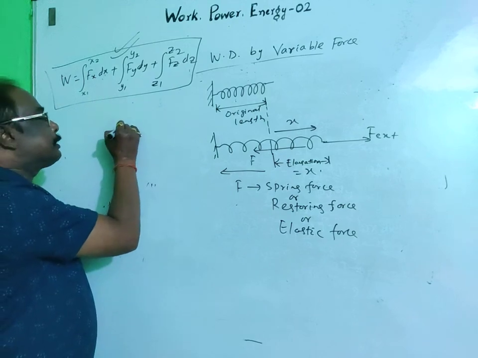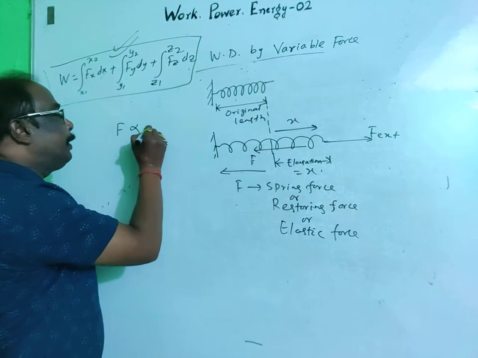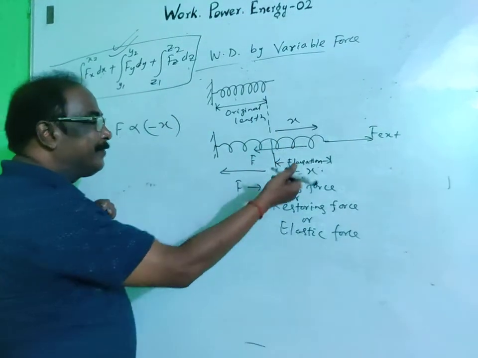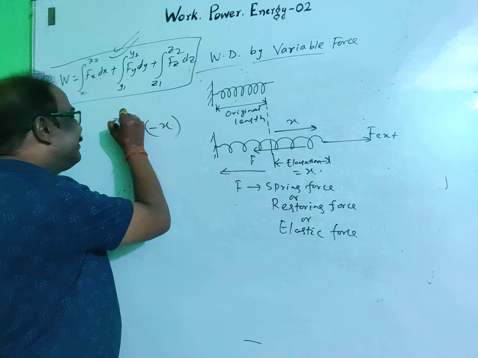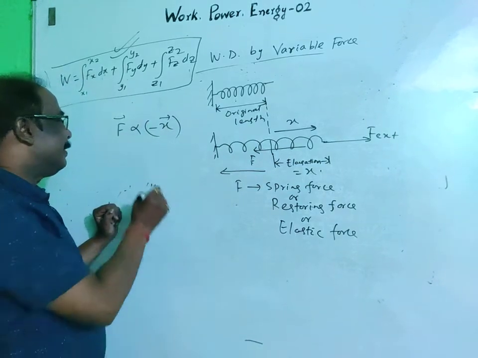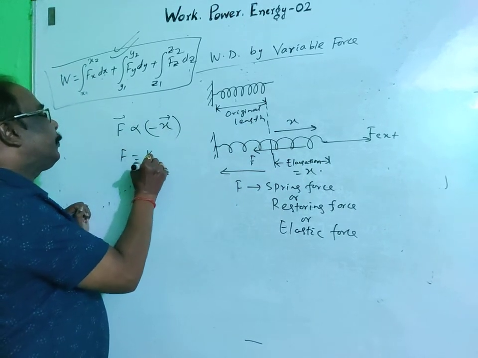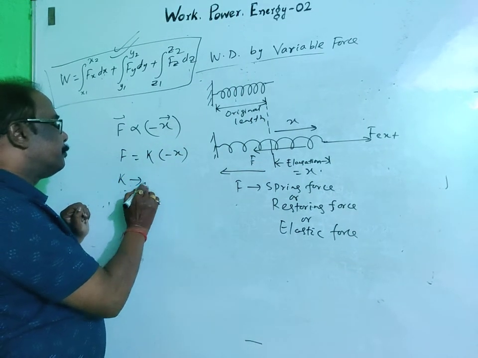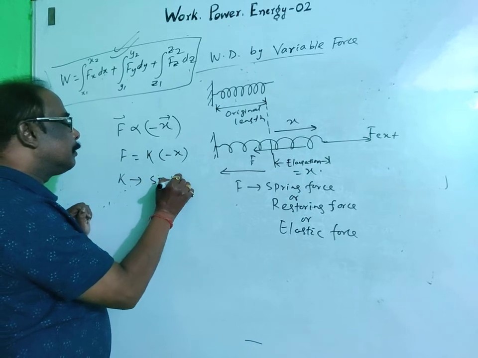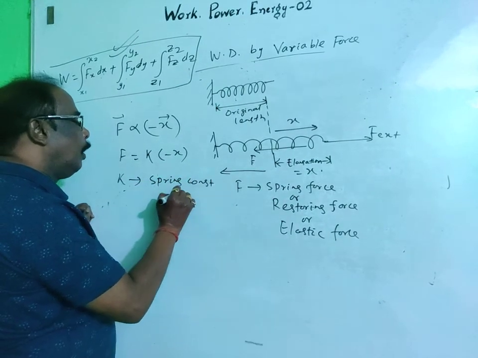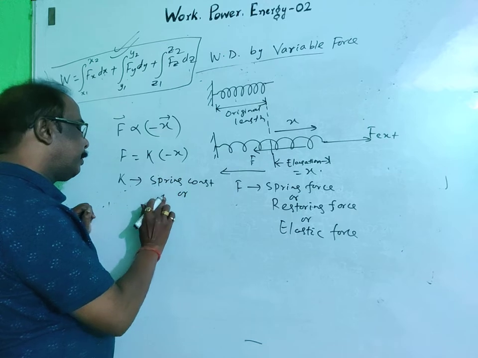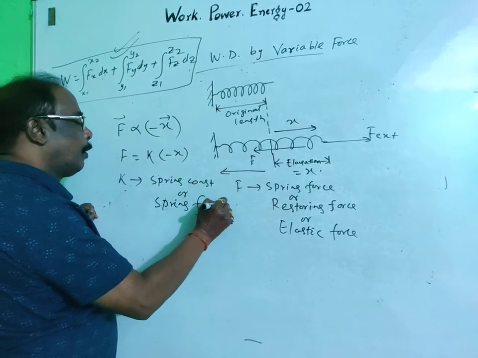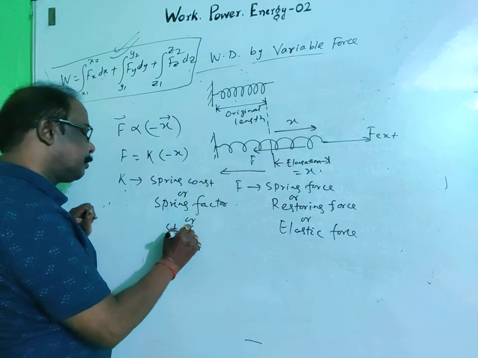This restoring force is proportional to the negative of elongation, because they are in opposite directions. So force is equal to a constant into minus x. This constant is called the spring constant or spring factor or Hooke's constant.